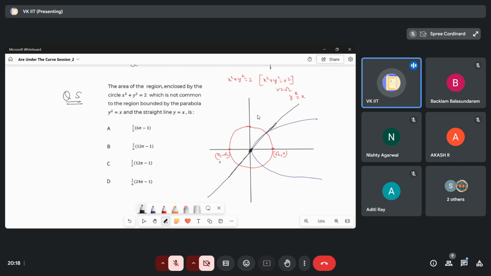Now the question is saying which is not common to the region bounded by the parabola and the straight line. First of all, the area which is bounded by the parabola and the line will be this one.